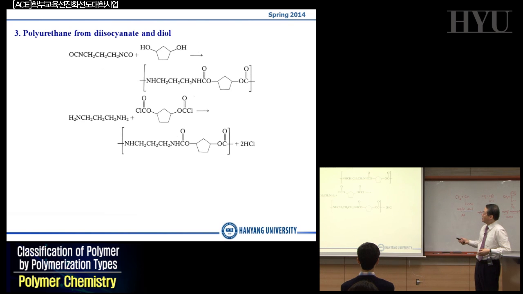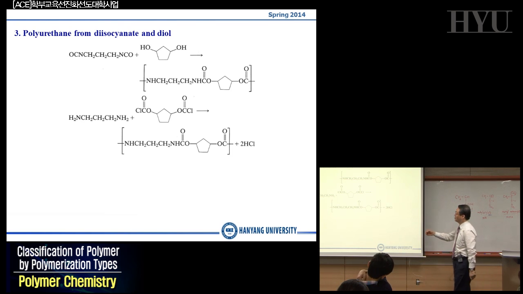So NH and COO is called the urethane linkage, the urethane functional group. Now, the urethane functional group can be made by both addition polymerization and condensation polymerization reactions.